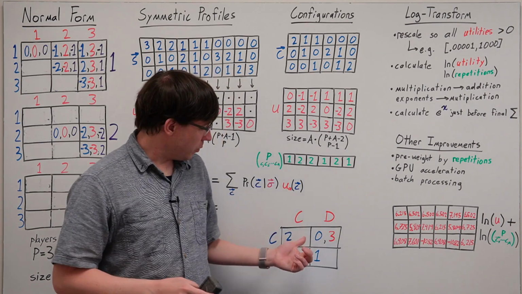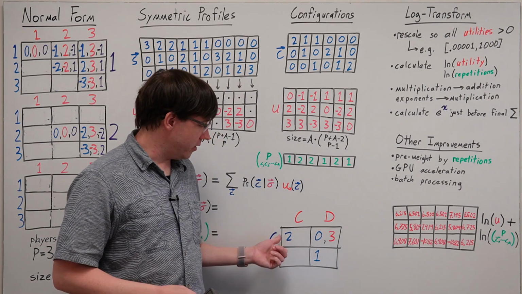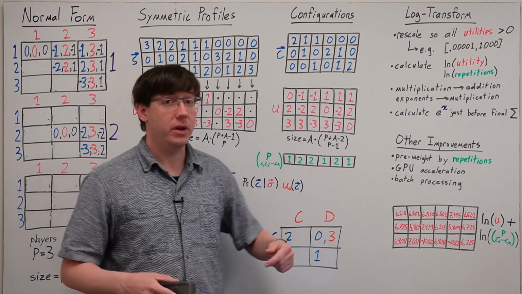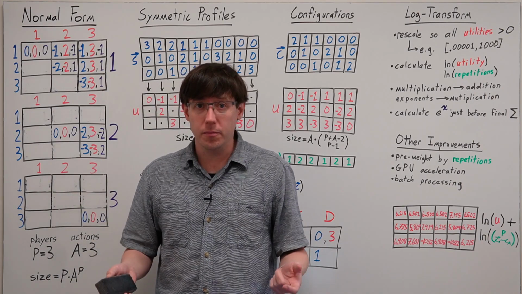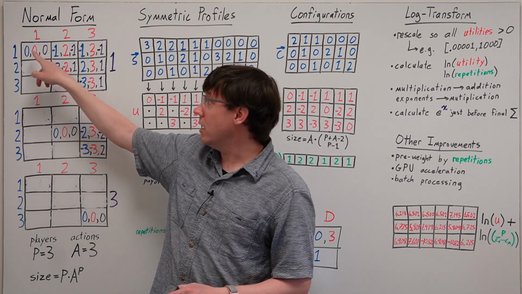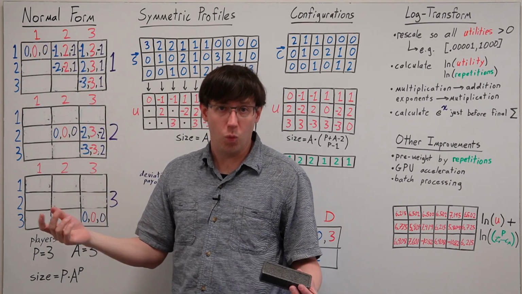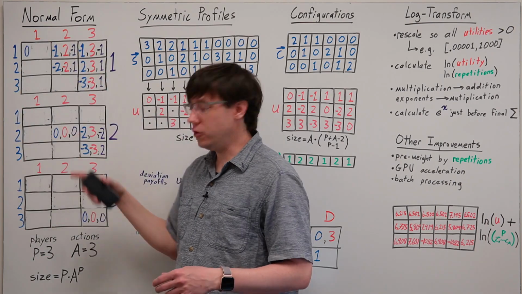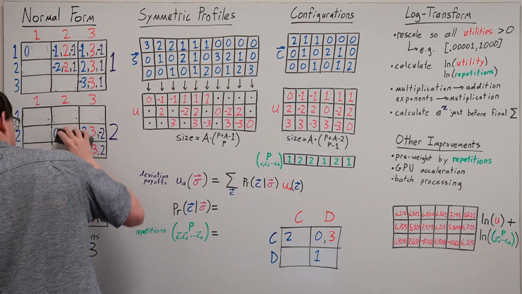Plus, just like in Prisoner's Dilemma, how we didn't need to store multiple copies of the same payoff when players are choosing the same action, we can eliminate 2 of these payoffs when everybody plays action 1, and likewise when everybody plays action 2 or action 3.